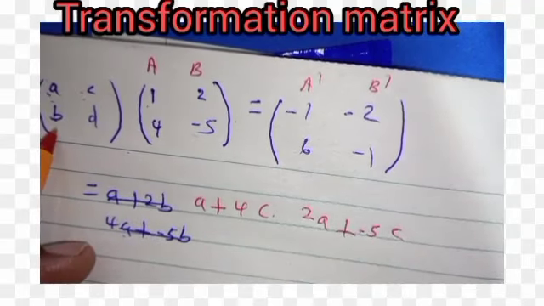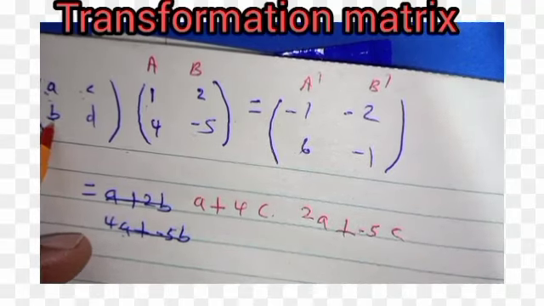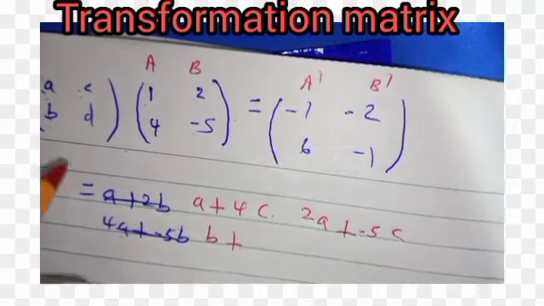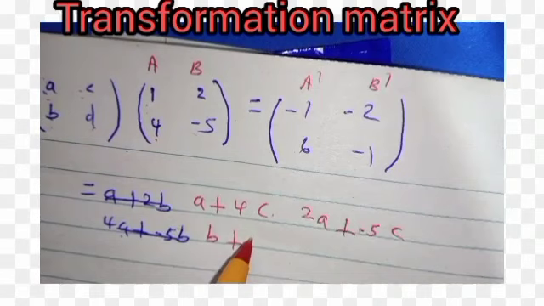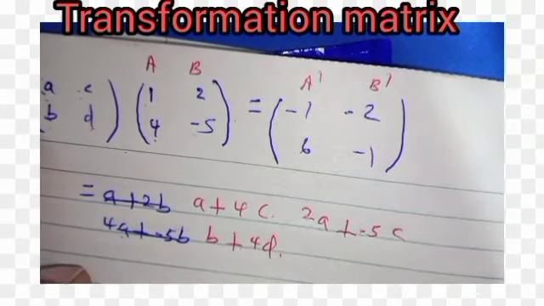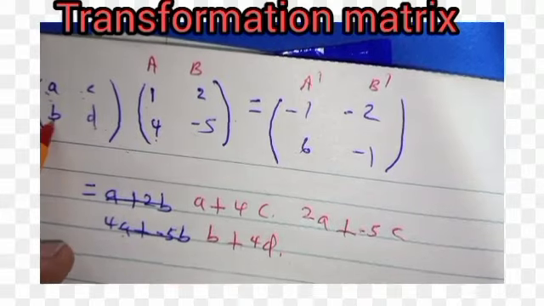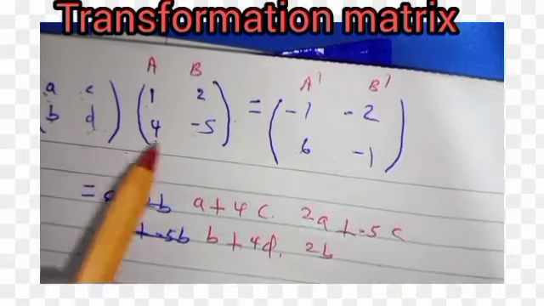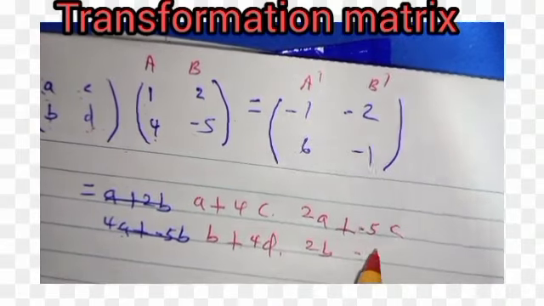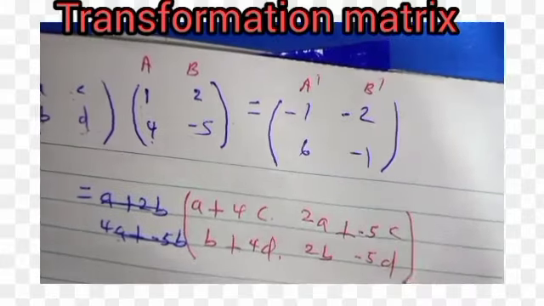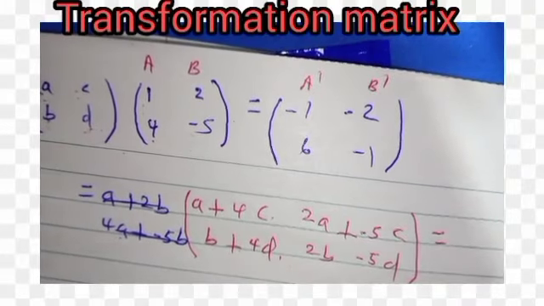Second, now you have B. B times 1 will give you B, plus D times 4 will give you 4D. Next, this second row times the second column. So you have B times 2, which will give you 2B. Then you have D times negative 5, which will give you negative 5D. This one is equal to our image.